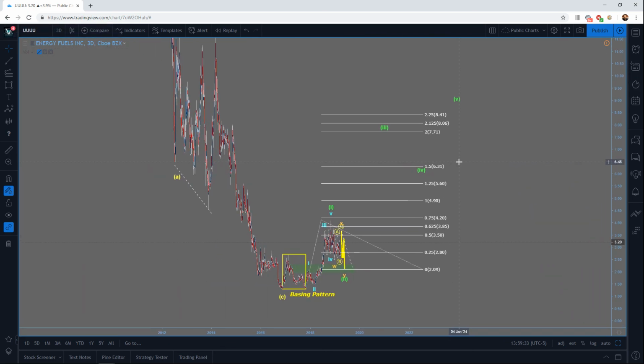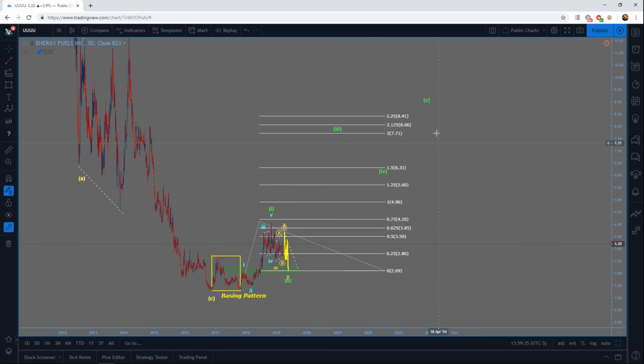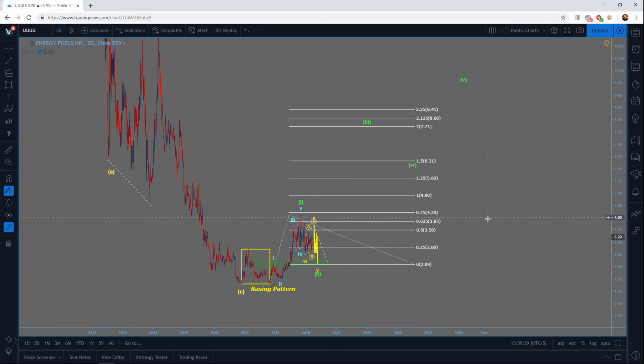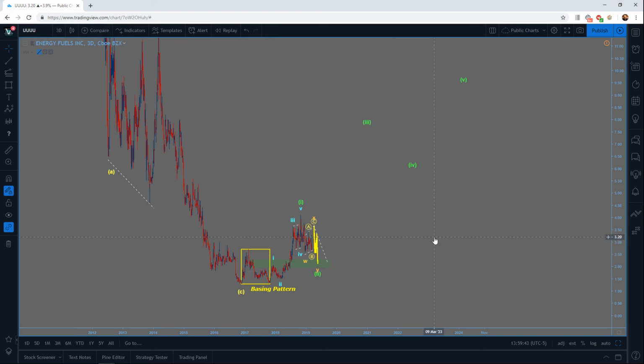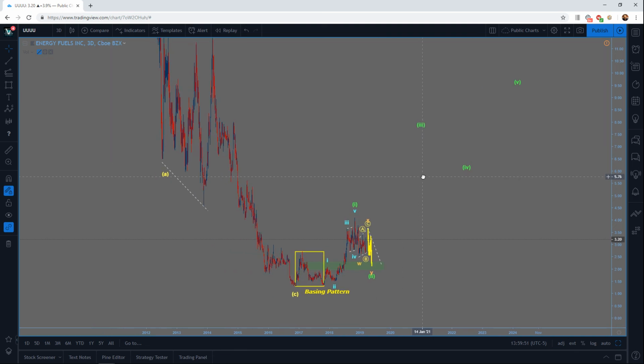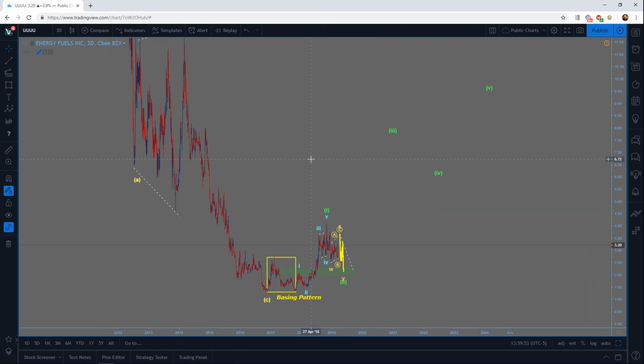That does that at a minimum. So $2 to $2.20 is really my buy-in range, and then you're looking for some pretty massive upside.